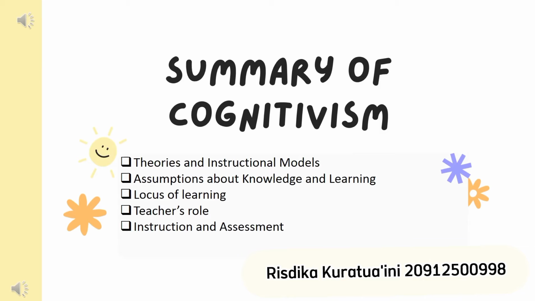Assumption about knowledge and learning: knowledge is an objective reality to be obtained. Learning is concerned with internal mental processes, including insight, information processing, memory, and perception, and recalling information in an organized manner from the storage in memory.